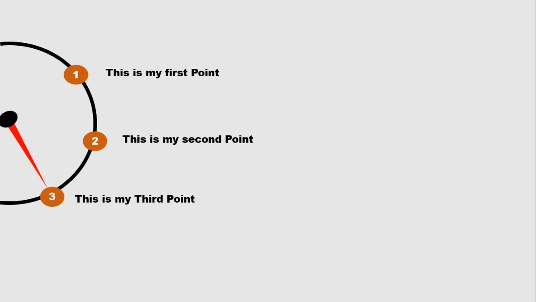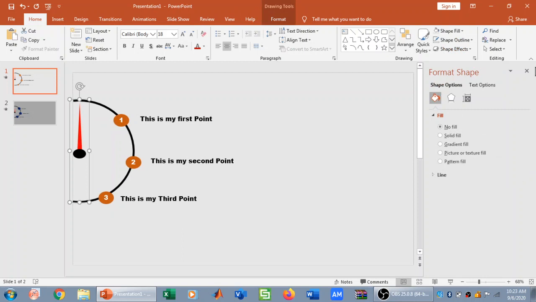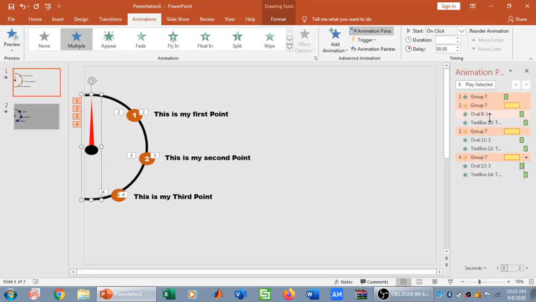Now if you want to add more points, for example 5 points, 6 points, all you need to do is change the spin angle of this needle in animation. As you can have a look in animations, if I open the animation pane again here, we have added spin angles.